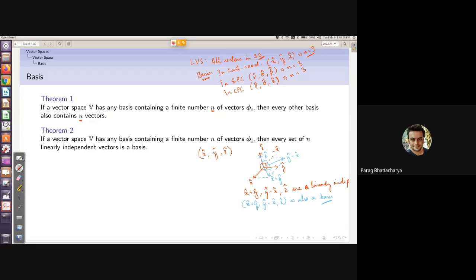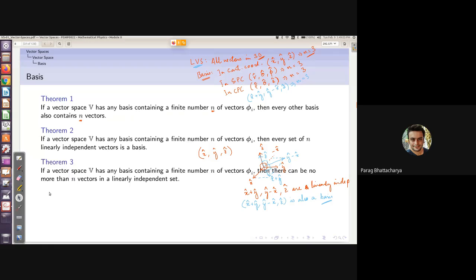This is also a basis for this linear vector space. So this is another basis. Here we have seen n is equal to 3. It has to be 3 as per theorem number 1. So that's your second theorem.